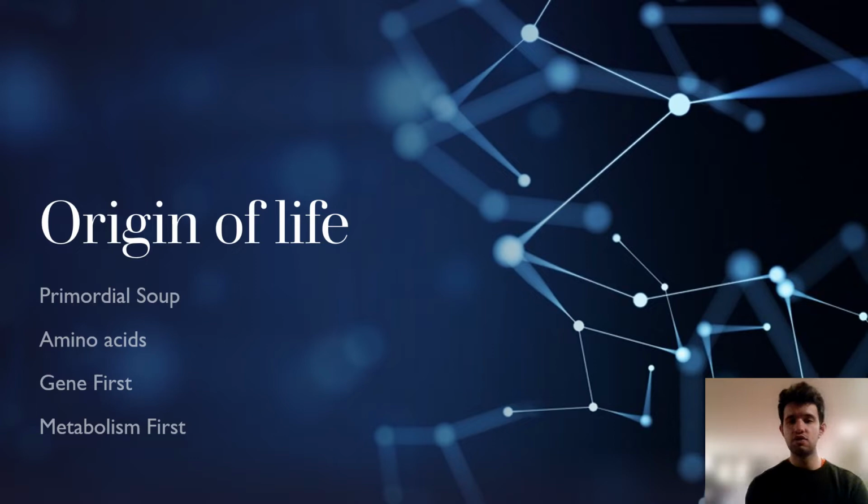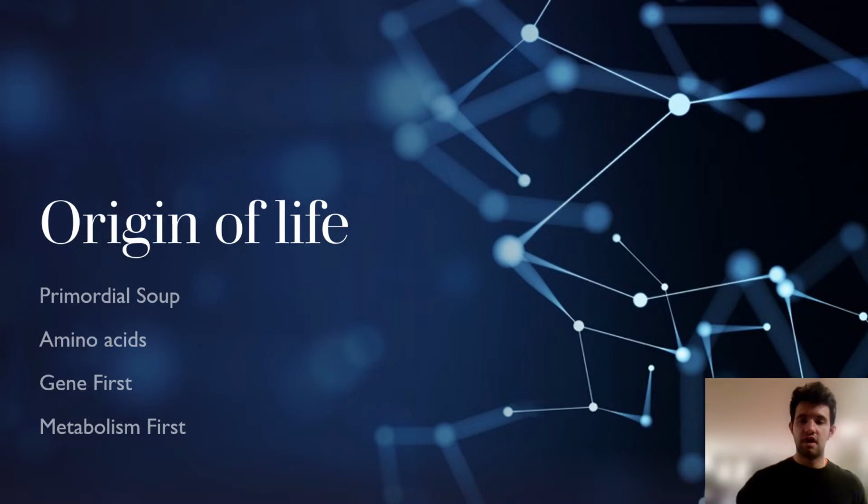So the two theories that stick out the most are the gene first theory and the metabolism first theory. So the gene first theory suggests that in the primordial soup, there was a time when the perfect conditions existed, be it the temperature, the amount of inorganic material, etc., for the inorganic material to be synthesized into organic compounds.